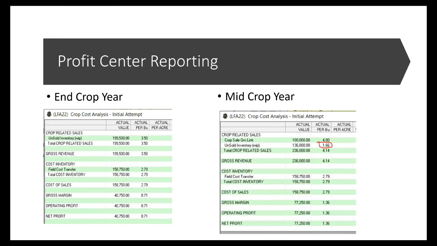If we go over and look at a mid-year report, where we start having some grain sales and unsold inventory, the dollars work right, but the denominator doesn't work right on the per bushel. So that's always caused some challenges for me.